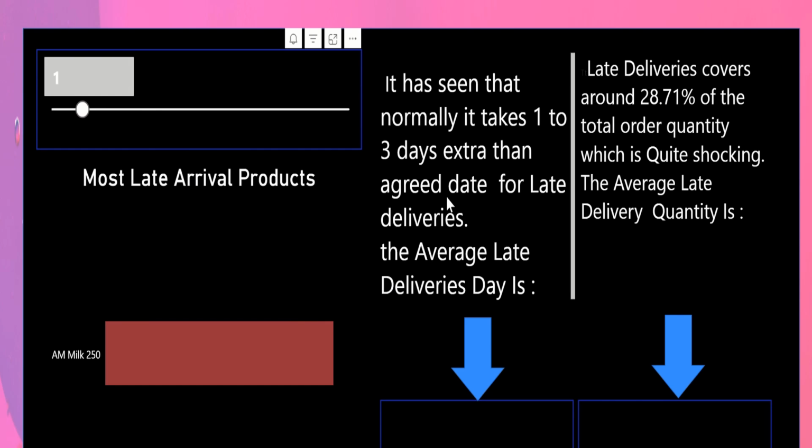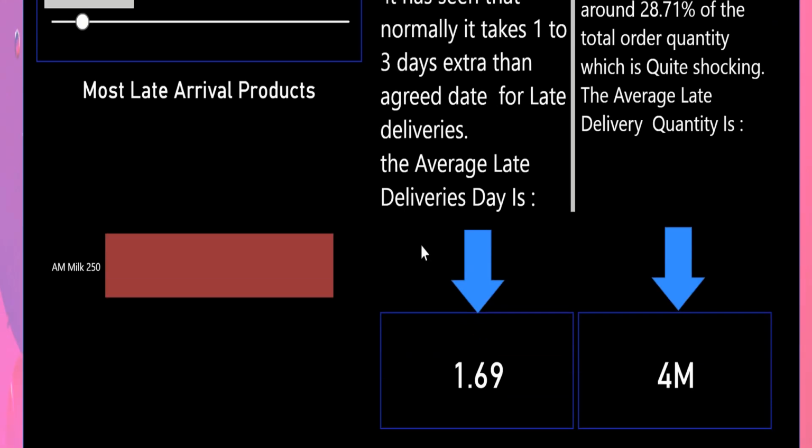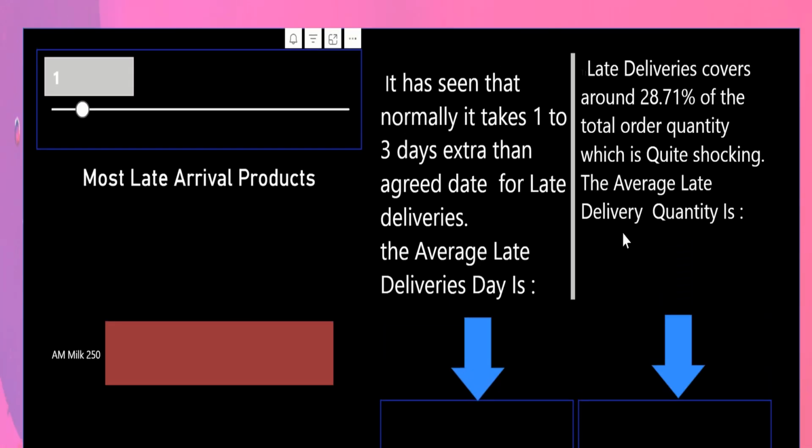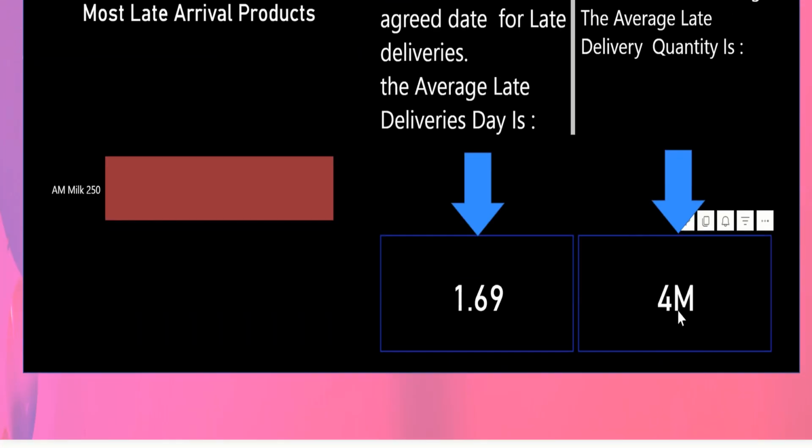And here you can see the average late delivery day is 1.6, which is between 1 and 2 days. I think that is not too much. It is not like the delivery has arrived after 1 week or 1 month. And the average late delivery quantity is like 4 million.